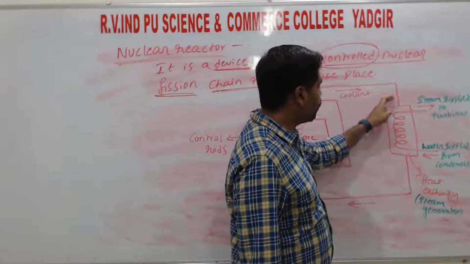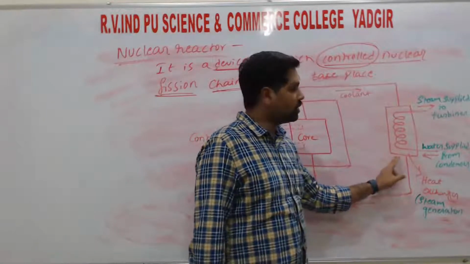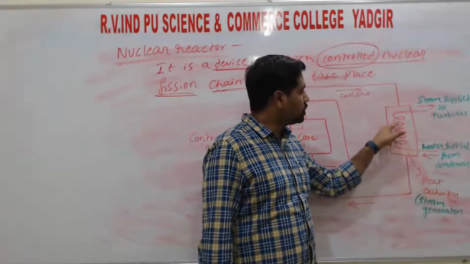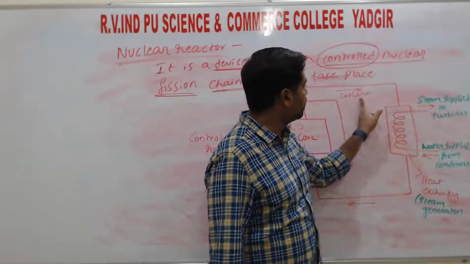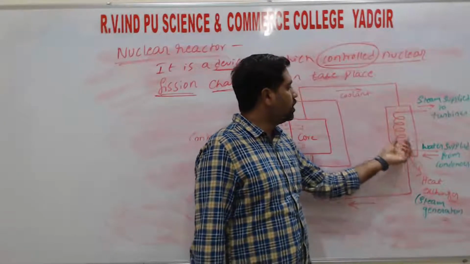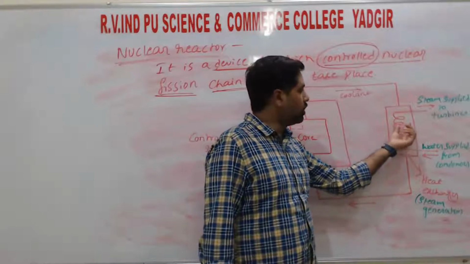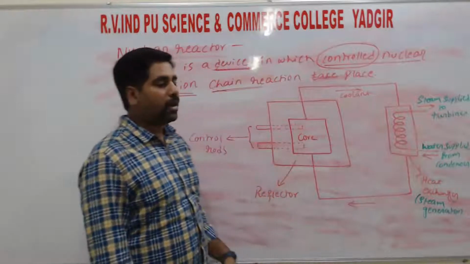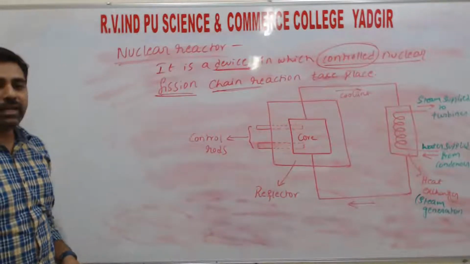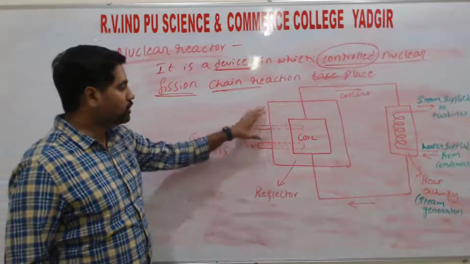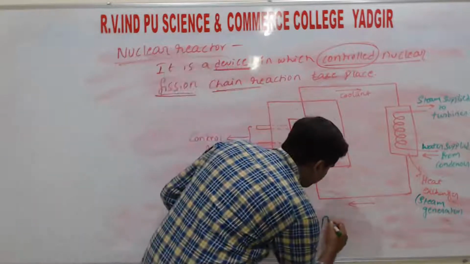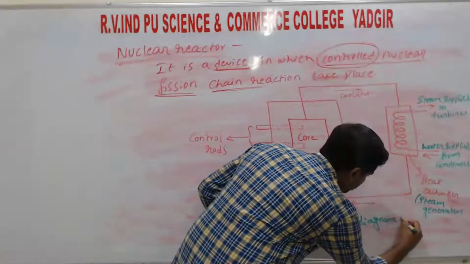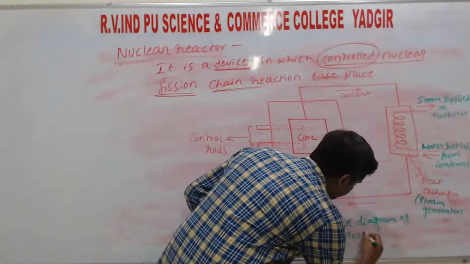This coolant is supplied to the heat exchanger. In the heat exchanger, water supplied from the condenser is passed in, and the heat carried by the coolant converts that water into steam. That steam is supplied to the turbines. By rotating the turbines, we generate electricity. So this is the block diagram of the nuclear reactor.